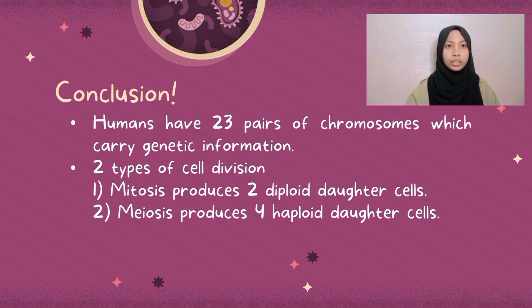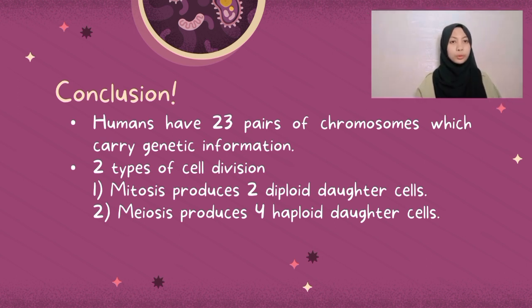Humans have 23 pairs of chromosomes. Cells have two types of cell division. First, mitosis cell division that produces two diploid daughter cells. Second, meiosis cell division that produces four haploid daughter cells.